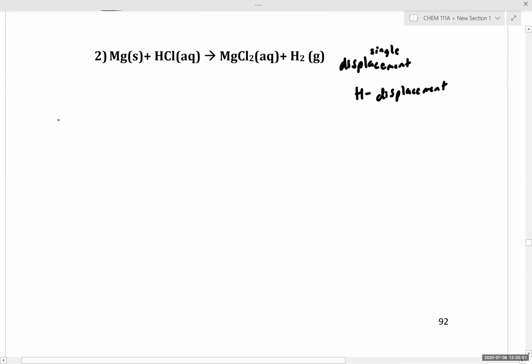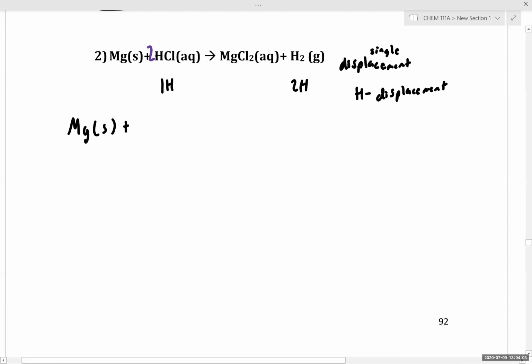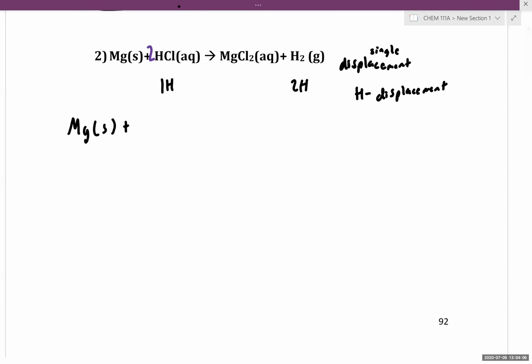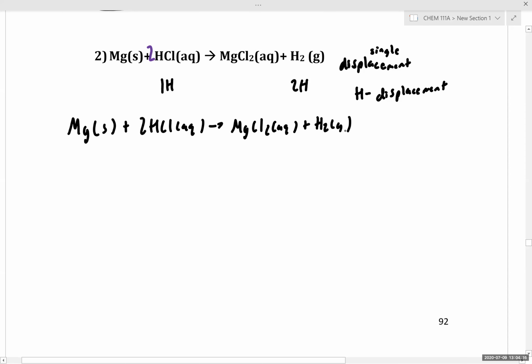So with that established, first and foremost, we are going to balance all of our atoms. We have one hydrogen on the left, we have two hydrogens on the right. So we're going to add a coefficient of 2. Writing out our balanced equation now. We have the following balanced equation.